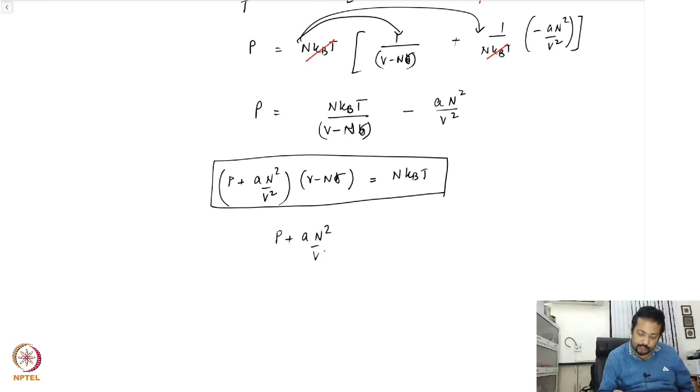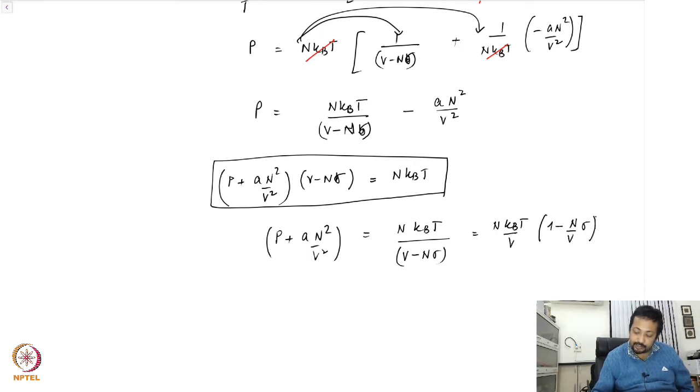Now I have P plus, and this is the question we want to ask, N k_B T divided by V minus N sigma, so that I can write this down as N k_B T over V times 1 minus n by V sigma, inverse.